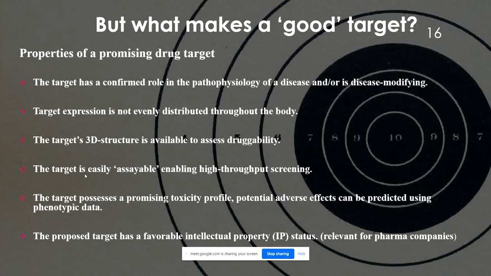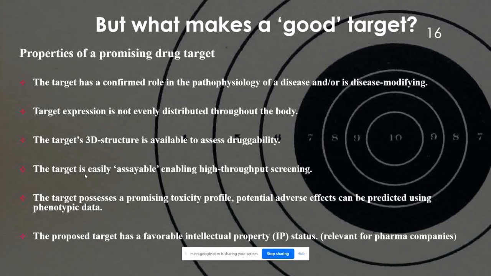Okay, so that is why finding a proper target is really essential. But sometimes the main protein due to which the disease is happening can't be your target. You have to sometimes look for another target rather than the main protein which is involved in the disease.